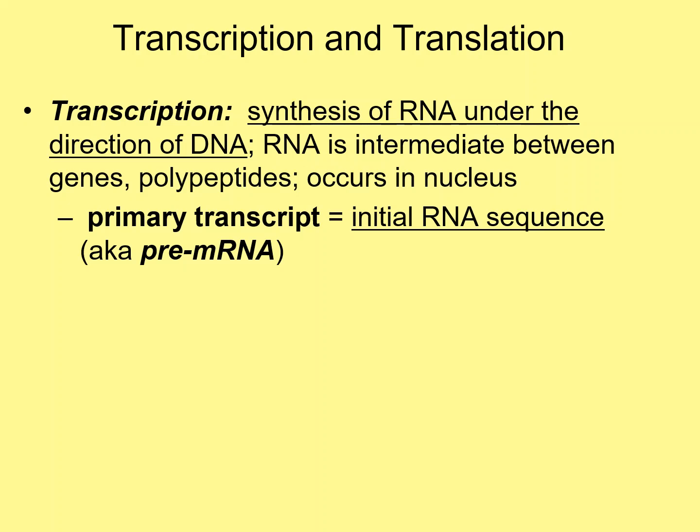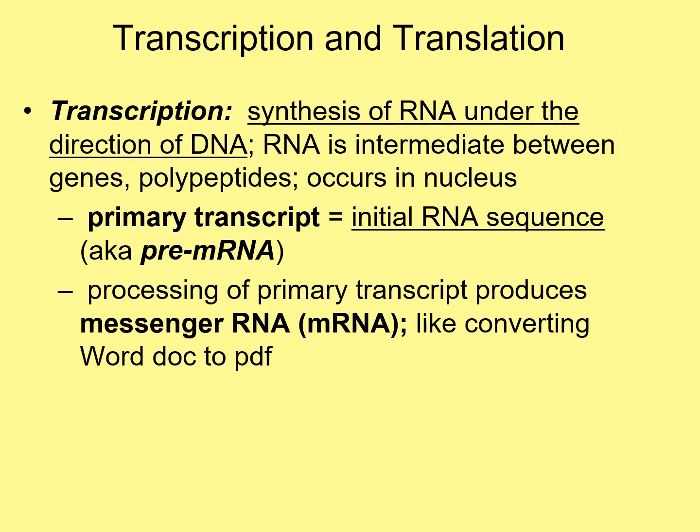So that initial step, I'm going to read my gene and copy it faithfully, base for base, from the DNA into the complementary strand of RNA. That's what we refer to as our primary transcript, aka pre-messenger RNA or pre-mRNA. This is the faithful copy of the whole gene sequence, the whole thing, soup to nuts.